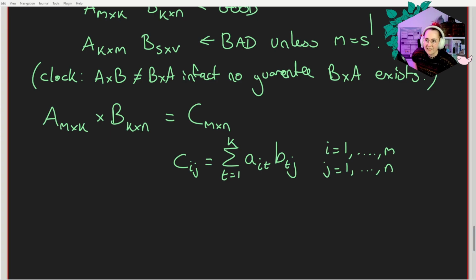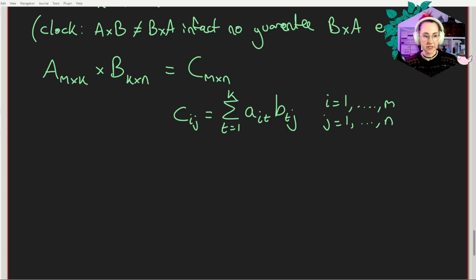And I think that's right. I'm hoping a mathematician in chat will check my notation because it always terrifies me when I write that down. It is the dot product of the ith row from A and the jth column from B. Fab.